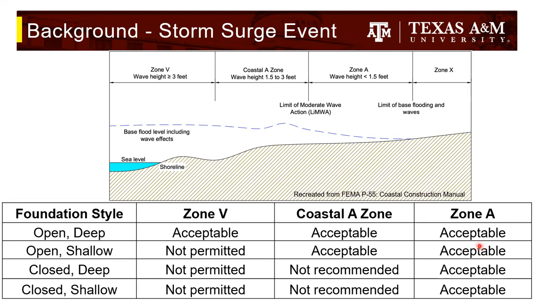This is mostly based on how prone those structures are to coastal flooding and essentially the damage through scour and erosion. So these are the foundation or construction guidelines based on empirical studies or the observations from FEMA.